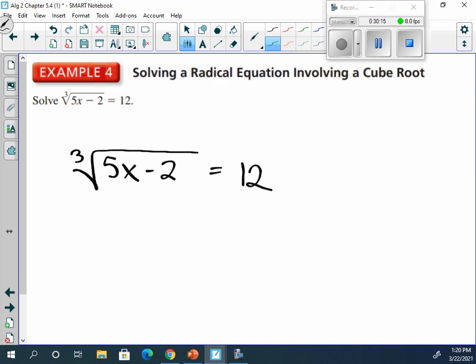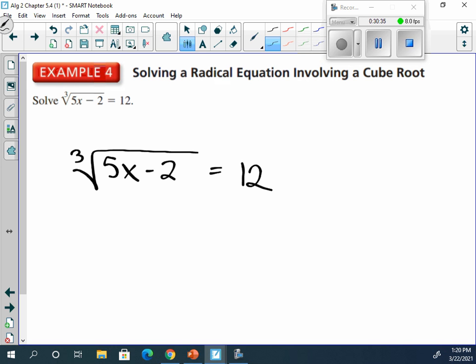So what can we do first? Because it seems like it'd be a lot harder, doesn't it? Because the cubed root of 5x minus 2 is still a radical, isn't it? Okay. Is it by itself? Yes. So that takes care of step 1.